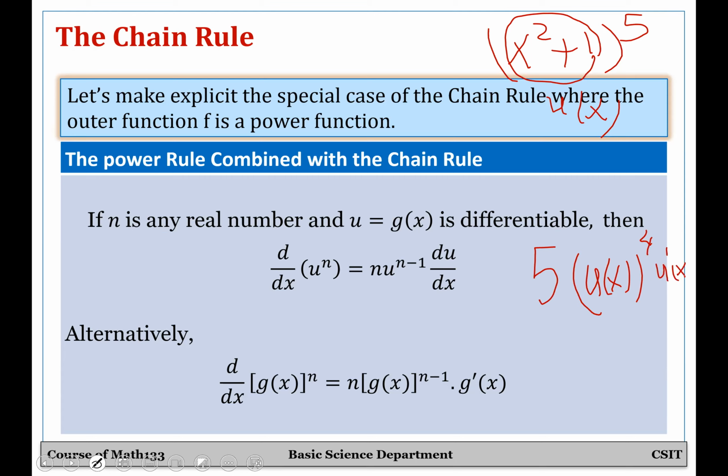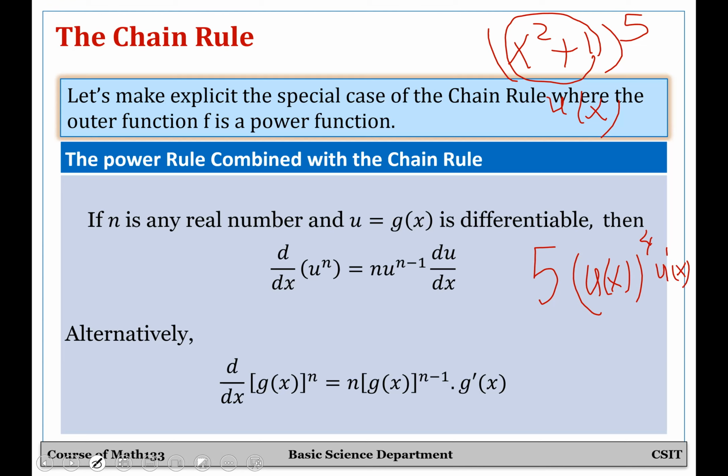That's the difference with the power when it is powered of the variable x instead of the function. So this is the rule when we have a power of a function. So you don't need to write the details of the composition, just write the formula like that.